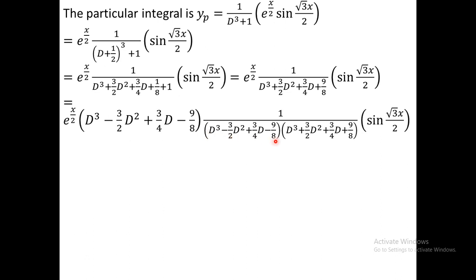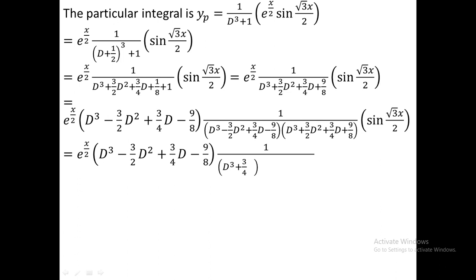So this will be D cube plus 3 by 4 D minus 3 by 2 D square minus 9 by 8, and if you take capital A as D cube plus 3 by 4 D and capital B as 3 by 2 D square plus 9 by 8, therefore this will be A minus B and this will be A plus B. Therefore this will be A square minus B square. So I write it in that form: 1 by (D cube plus 3 by 4 D) whole square minus (3 by 2 D square plus 9 by 8) whole square, sin of root 3 x by 2.